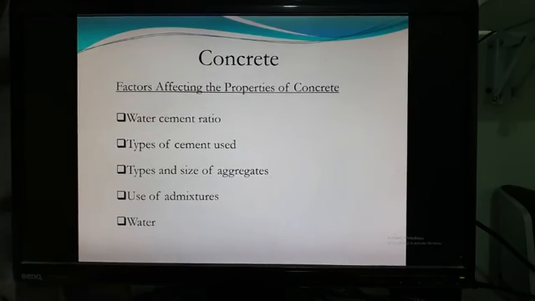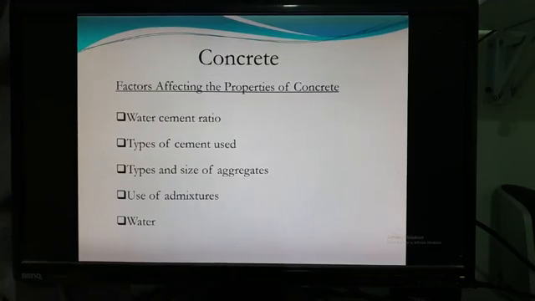The type of cement being used, what kind of cement that you are using. Is it the ordinary Portland cement OPC or rapid hardening, or whatever type of cement that you are using?